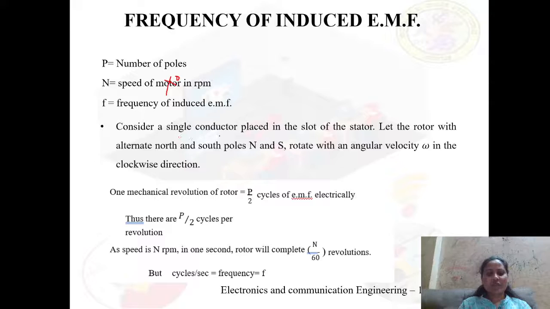So considering a single conductor placed in a slot of the stator, let the rotor have alternate north and south poles. If it rotates with an angular velocity of omega in a clockwise direction, we can observe that one complete mechanical revolution of the rotor produces P by 2 cycles of the EMF electrically.